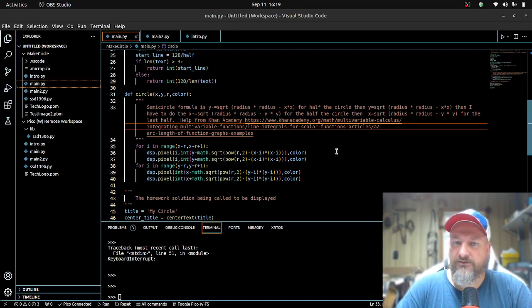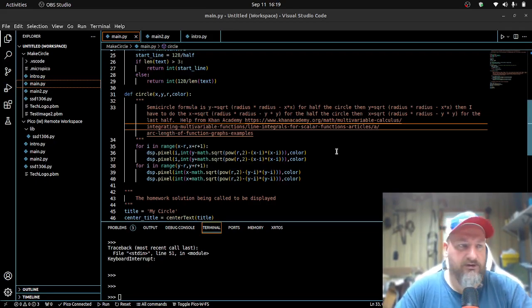I tried to put it into power of x squared and minus i, and it wouldn't work, and I even tried to put it in my scientific calculator, just that formula of trying to get x squared, because that was a formula that we saw on Khan Academy: y equals the square root of 1 minus x squared.